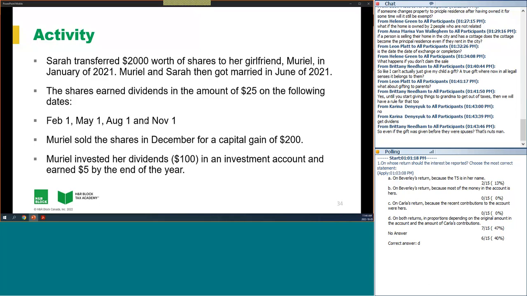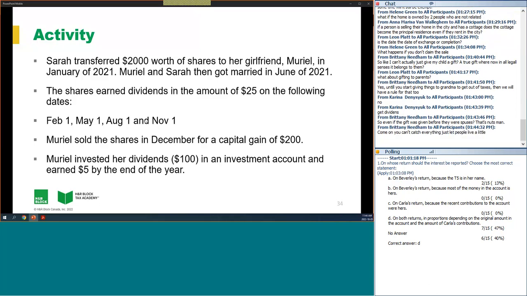So every time someone did something, the CRA made a loophole, said that's a loophole, we didn't intend that, we're closing it. So as long as they're married, the attribution rules will continue until they stop being married. Okay, so hopefully you can see in this case, we have $50 of dividends being reported by Muriel, and $50 of dividends being reported by Sarah.